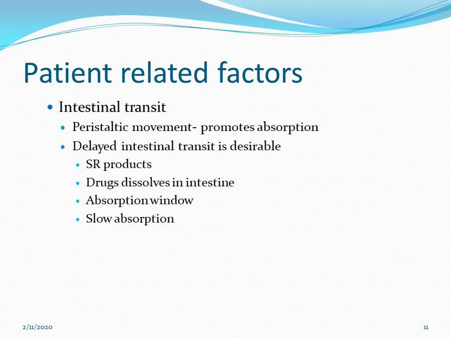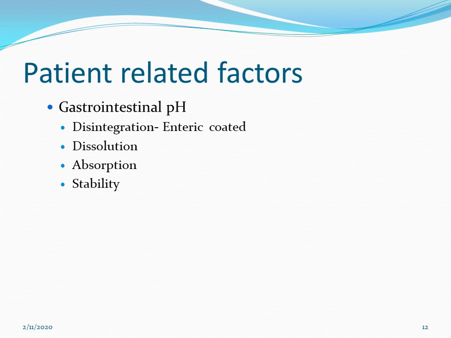There are certain cases in which delay in intestinal transit is desirable or required. For example, sustained release product, drug that dissolves in the intestine, drugs which have an absorption window, and drugs that show slow absorption. So these are the cases in which the delay in intestinal transit is desirable.